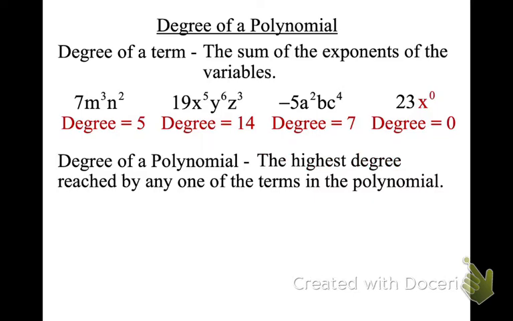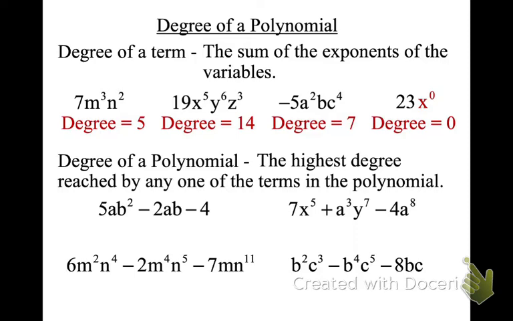Now, if we look at the highest degree reached by any of the terms, the degree of the polynomial is the highest term. So notice here, this is 3, this is 2, and this is 0. So this is a 3rd degree polynomial. Okay, a 3rd degree polynomial.